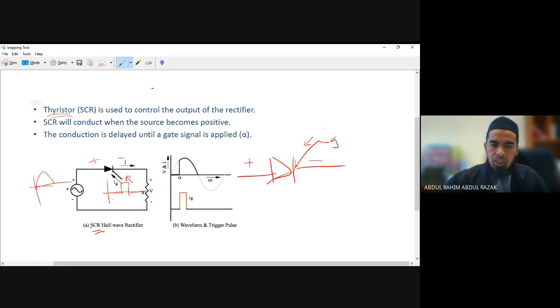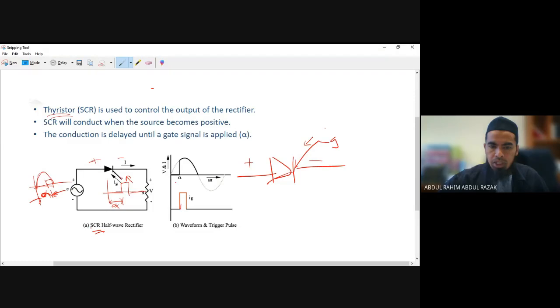Only at this time, let's say this is your alpha. After zero, after the positive cycle starts, only after a certain time do you apply your signal at alpha. Then only the device will conduct. You have a positive cycle of input, but you apply alpha at this point.